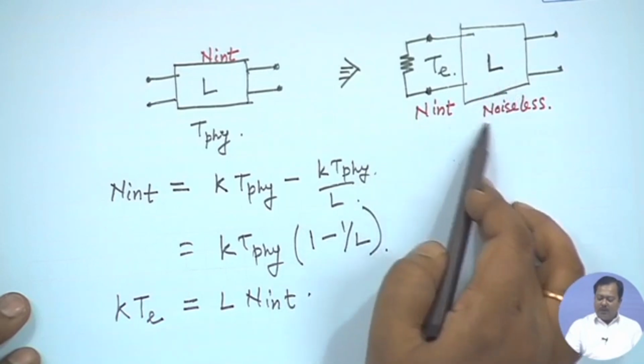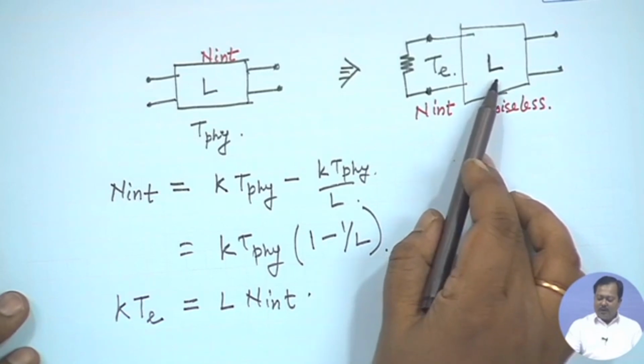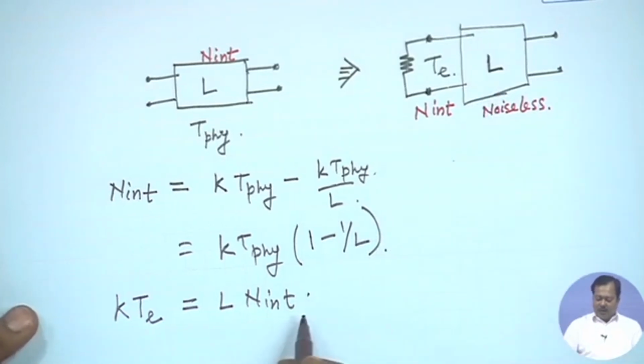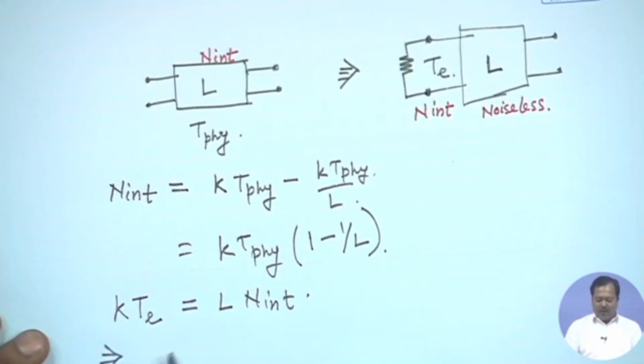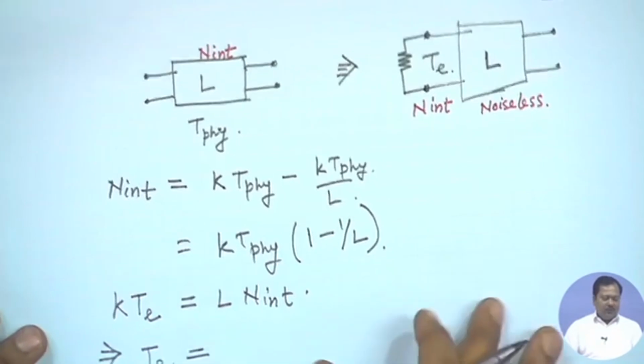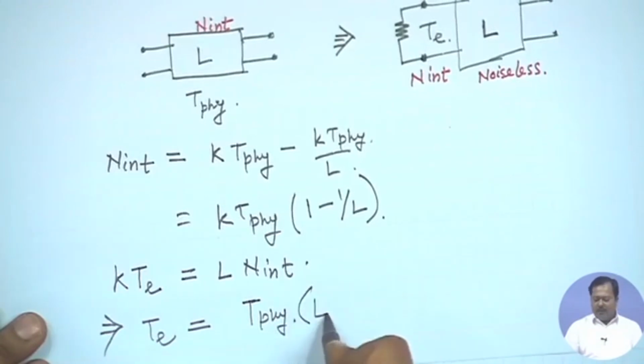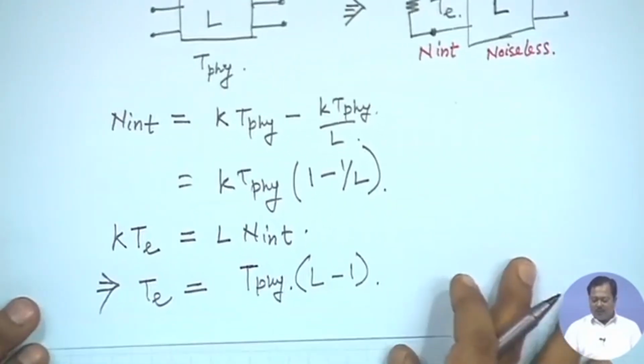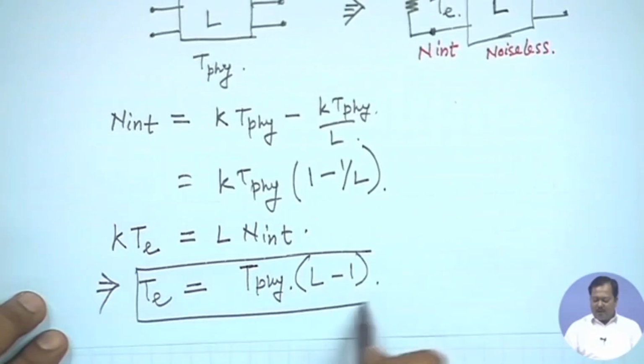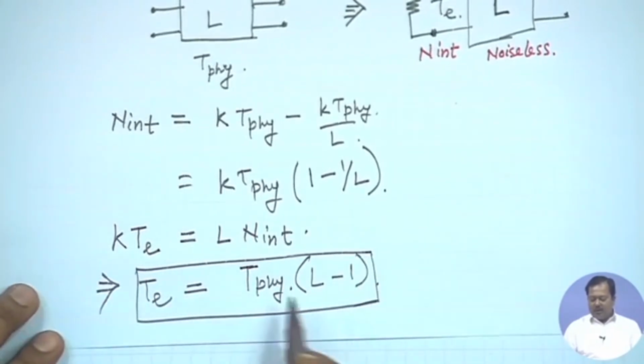Then we have a noiseless two port network, but again its loss is given by L. We can write down then Te equal to T physical into L minus 1. So this is one important relationship. If the physical temperature is given, let us say 300 Kelvin, and if I know the loss value, then we can calculate what should be the effective noise temperature Te.